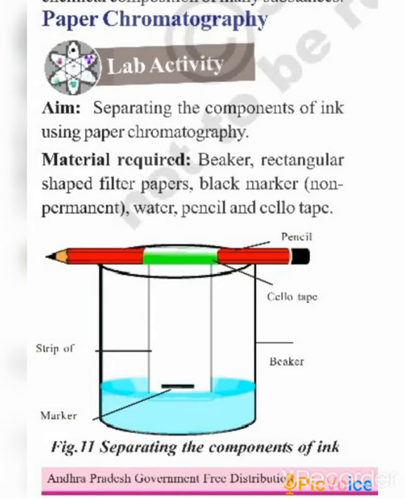In the previous image we observed that the dye, that is the ink, which is the solute, is separated from the water through the process of evaporation. But in case the ink is made up of different colors, for example, certain colors are a mixture of a few other colors.